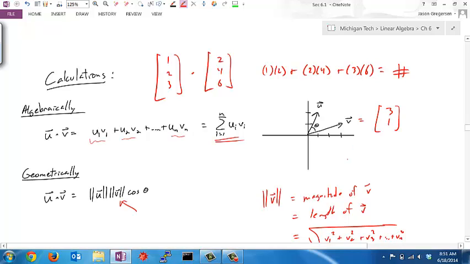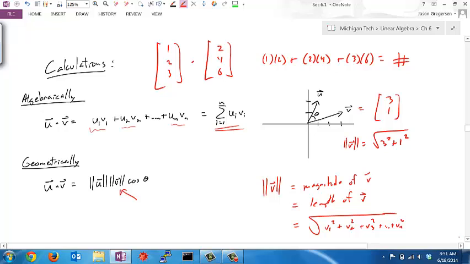So that's v. The magnitude of v is the square root of 3 squared plus 1 squared. All right, so the geometric definition is the product of the lengths times the cosine of the angle in between them. So there's my theta that I've drawn in there, cosine of theta. That's the algebraic definition.